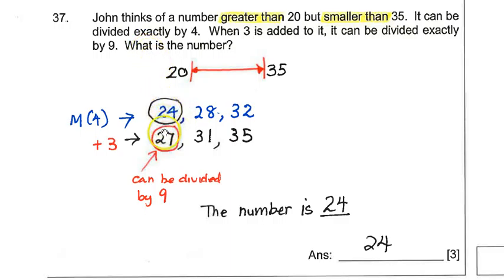So 24 plus 3 is 27, 28 plus 3 is 31, 32 plus 3 is 35. Only 24 plus 3, which is 27, can be divided exactly by 9. Therefore the number is 24, but not 27. Some of you mistakenly wrote 27 just because it fell here. The original number is here. When added by 3, you get 27. The original number is 24.